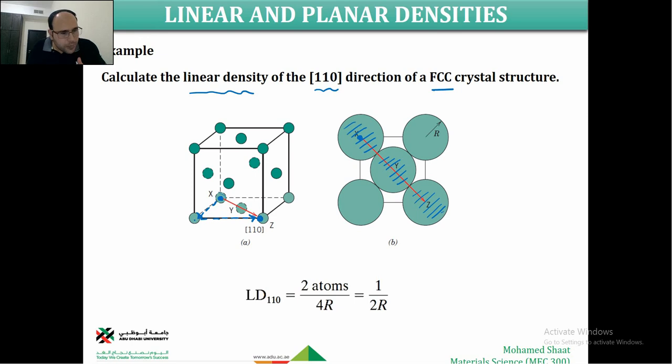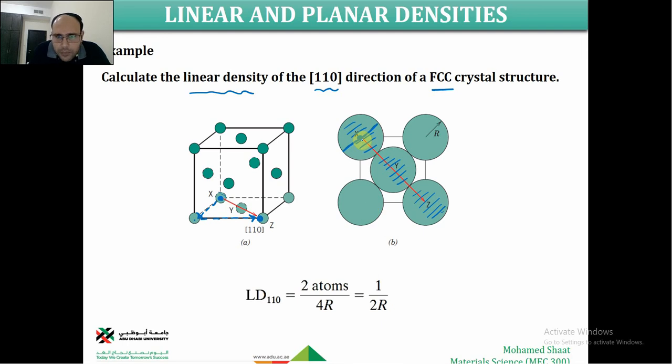The fourth step is just to count how many atoms belong to this vector. And this is a little bit tricky. We count how many atoms have centers located on, or belong to, this vector. For example, if we consider this atom, it is not all of it, it is just half of it that belongs to the vector.